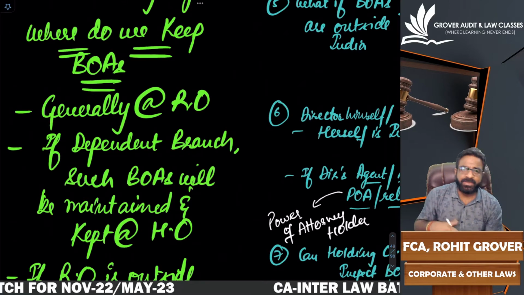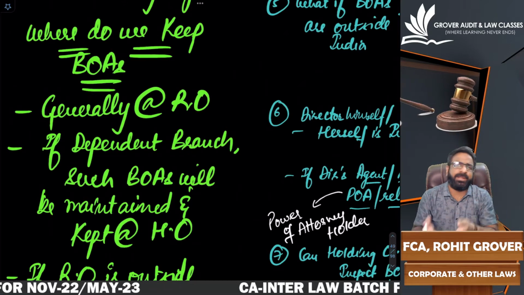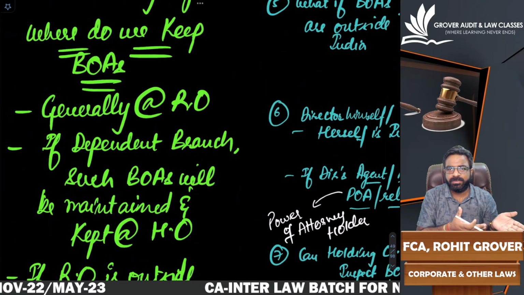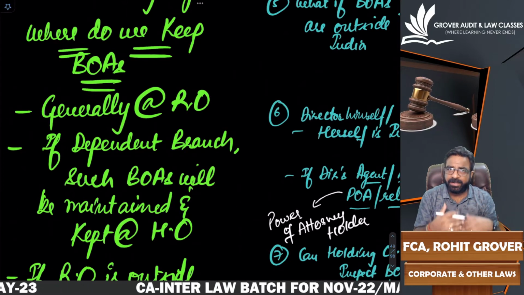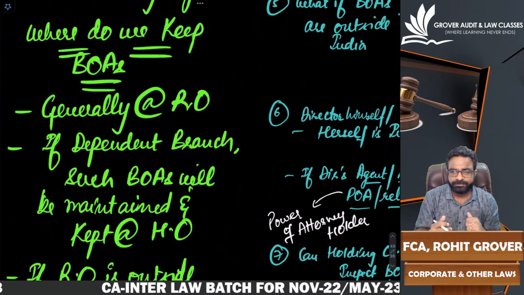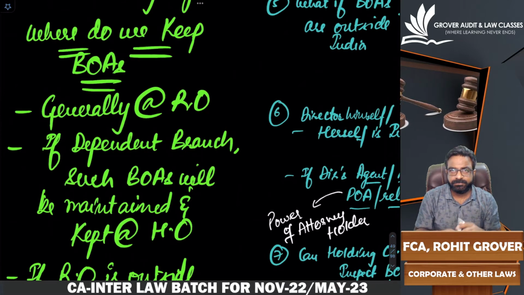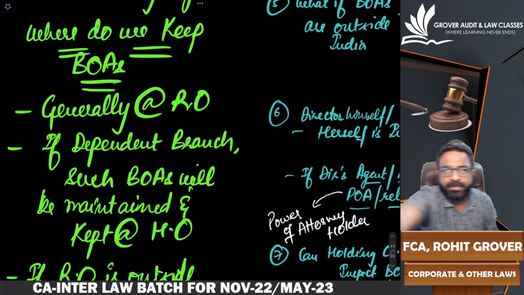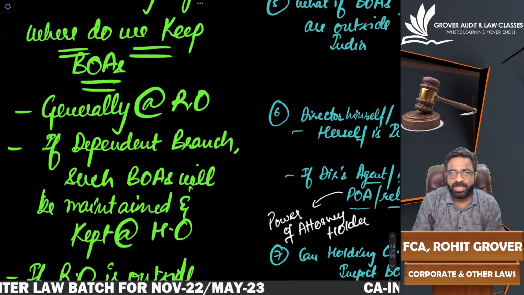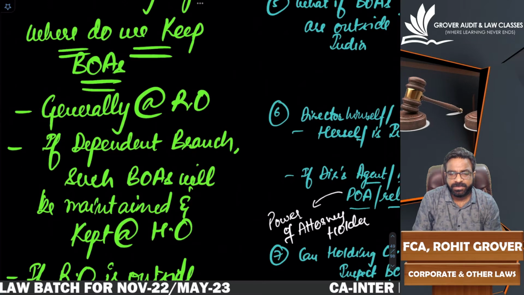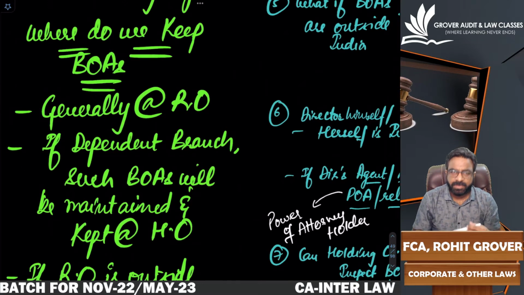Tell me one thing. What do you mean by dependent branch, which is dependent upon head office or not? Dependent branch is that branch which is dependent upon head office.